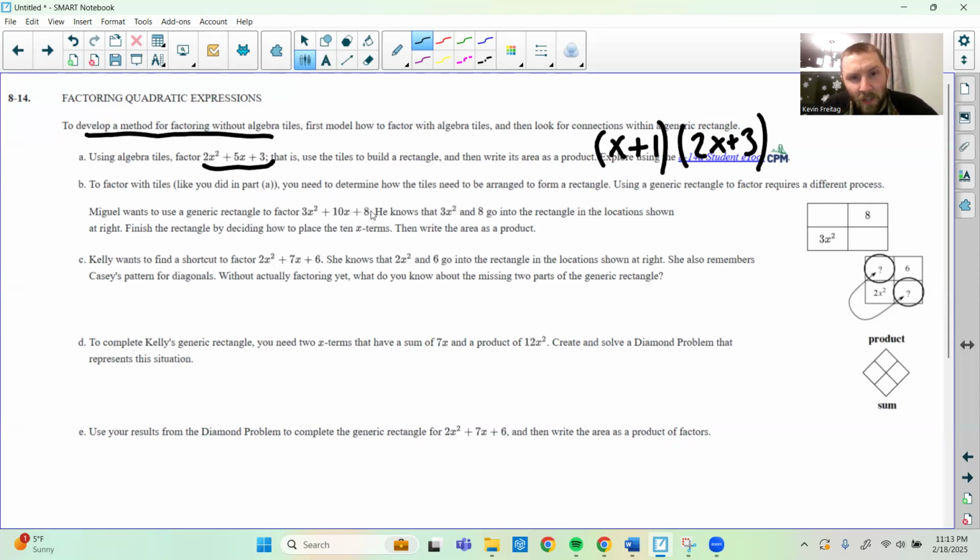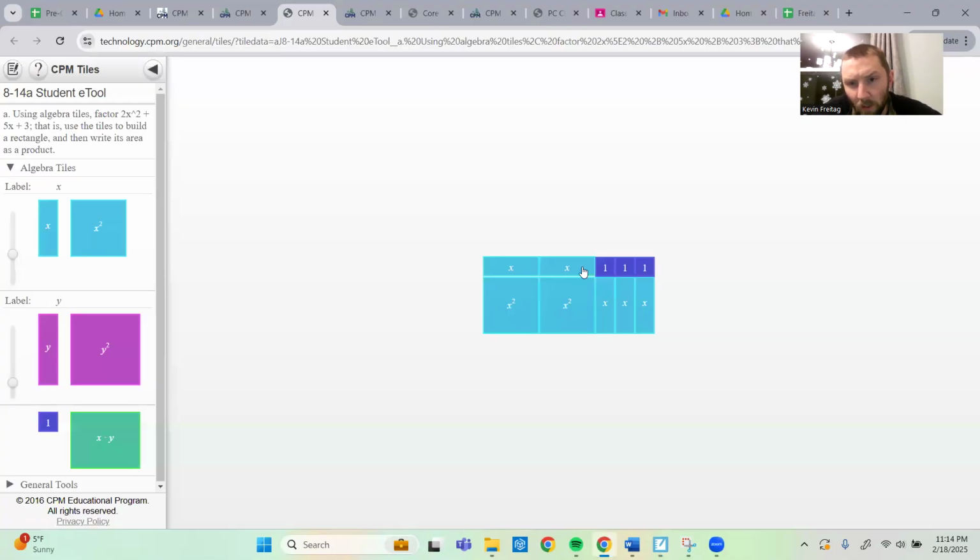That's what he's trying to factor. It says he knows that 3x squared and 8 go into the rectangle in the spots shown over here. So how did he know that? Well, it's just like we talked about with our rectangle here.